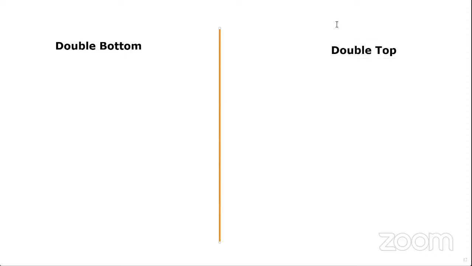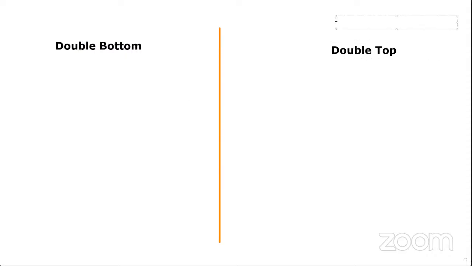So first of all, I have double top. This is the very first pattern. And on the other hand, we have double bottom. Okay. So let's define these two patterns. First of all, we have a bearish pattern and a bullish pattern.